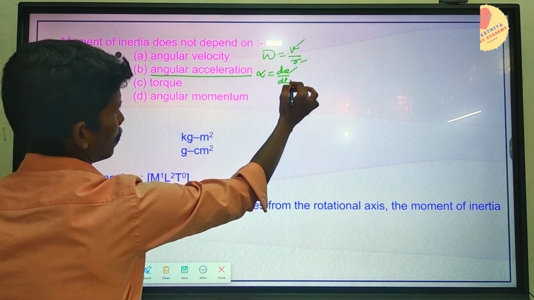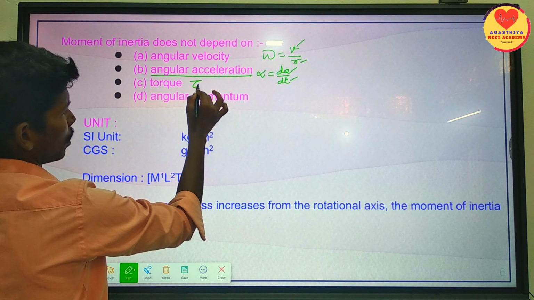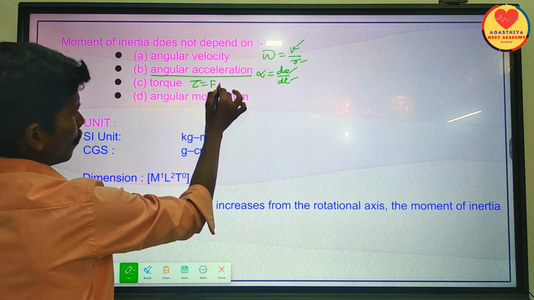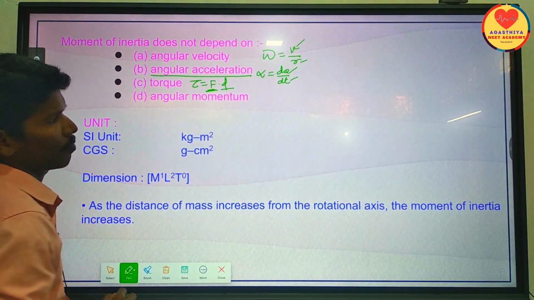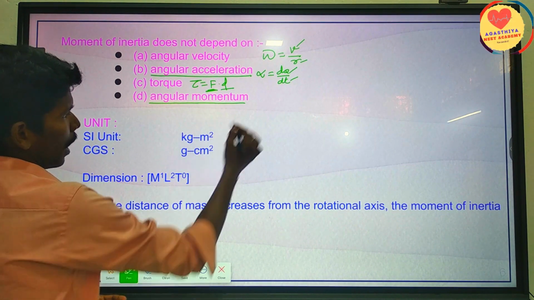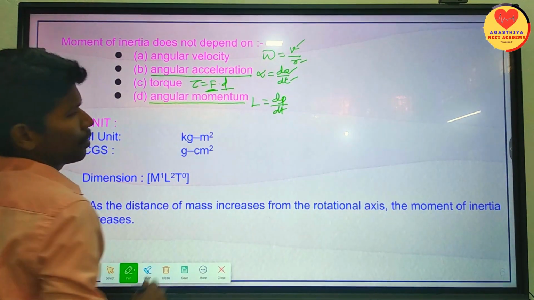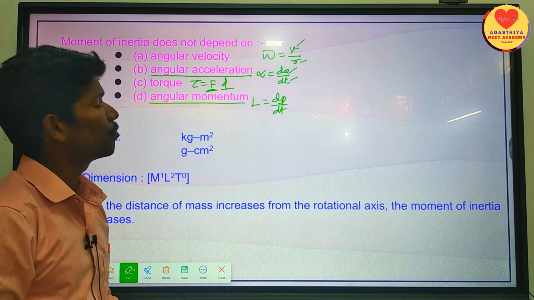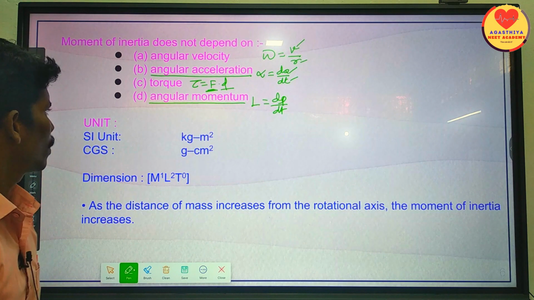Third, torque, denoted by tau equal to force into distance. Fourth, angular momentum, L equal to dp by dt. Moment of inertia does not depend on these four things.